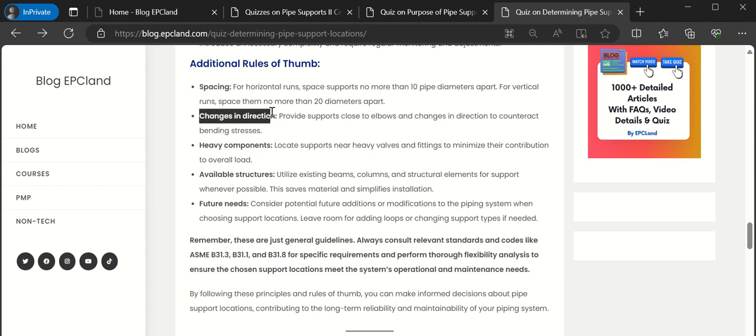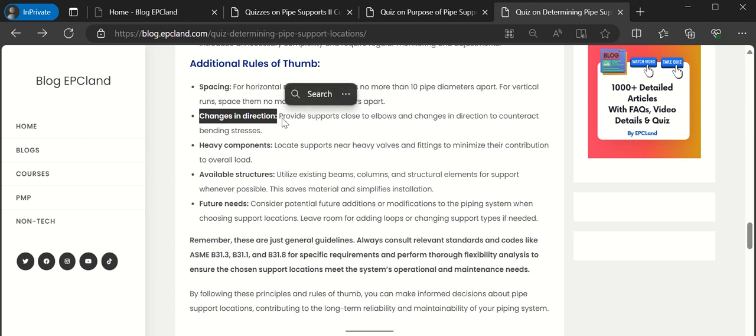Another is changes in direction. If the line is changing from north to south or south to north, there can be scenarios where we need to look into the pipe support locations.